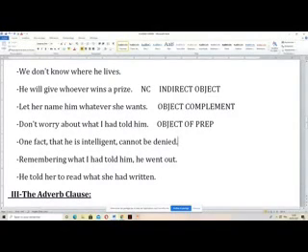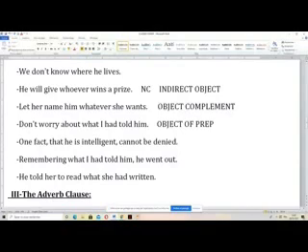Good. Then if we move to the other example, one fact that he is intelligent cannot be denied. Okay? So what is in here, this sentence? One fact that he is intelligent cannot be denied.